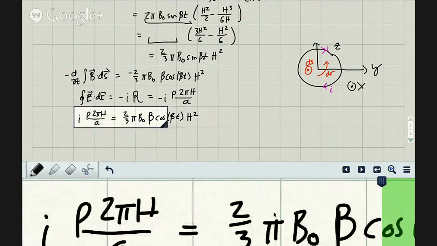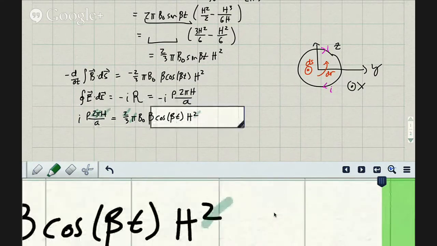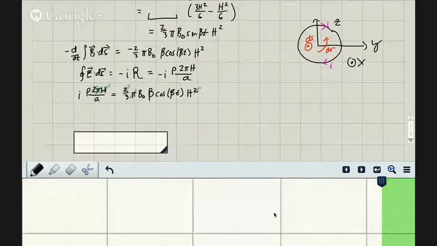Excellent. We've got an h on this side, and we've got a pi on this side. Let's do some canceling. We can get rid of our pi's and our 2's. We can get rid of one factor of h here and an h squared here. Now we can write the current in all of its glory.